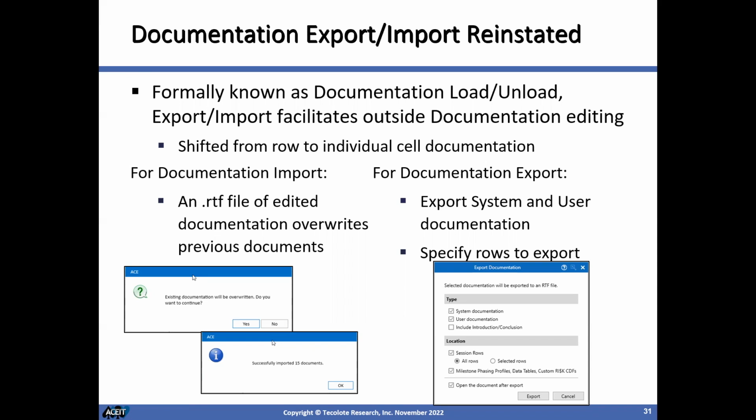So this new feature accounts for that. It's going to identify for you the row and the cell that is associated with the documentation, and then somebody can edit that documentation and import it back into the file. So you're able to do some documentation updates outside of the ACE file itself.